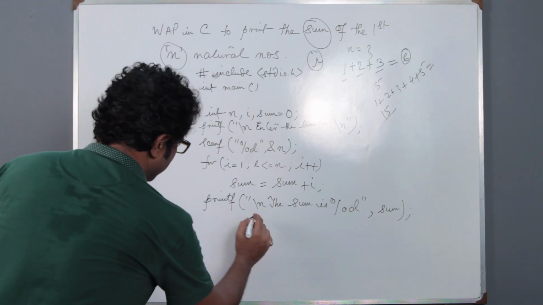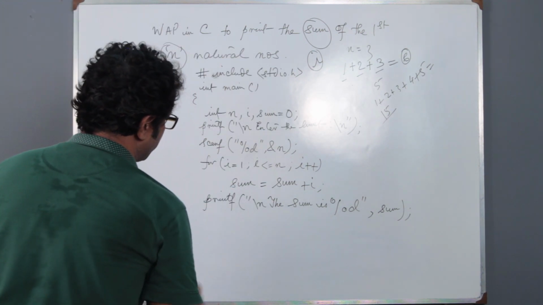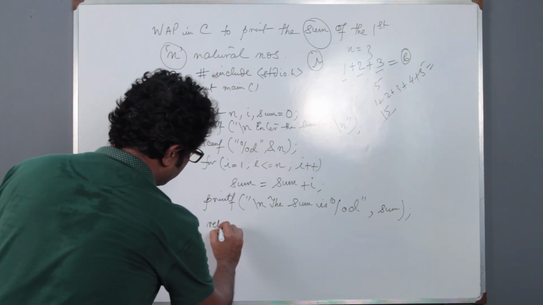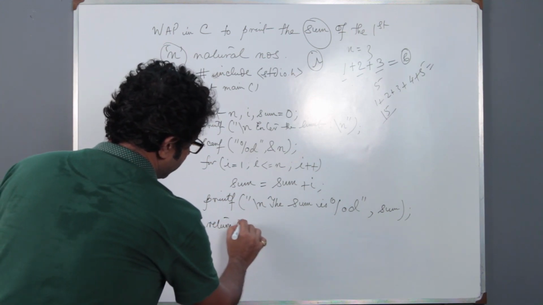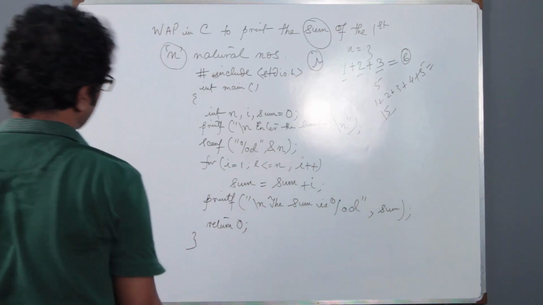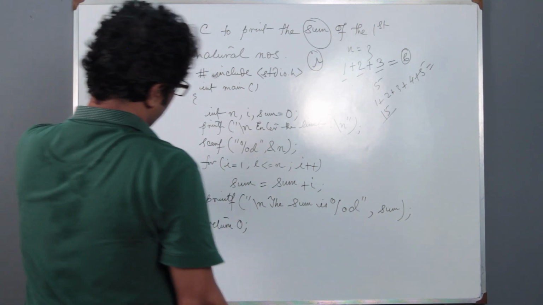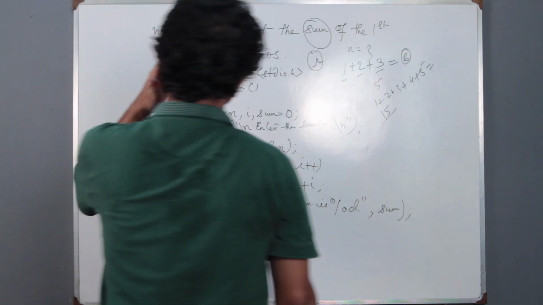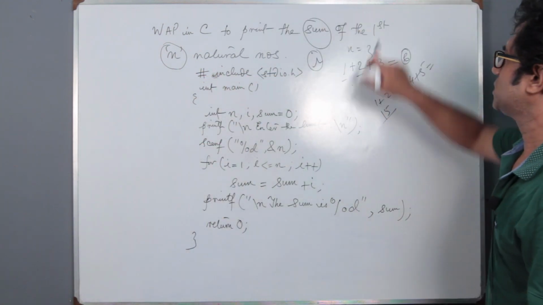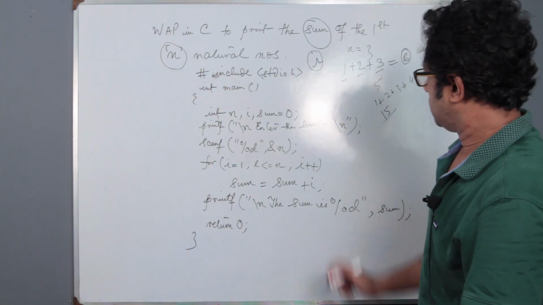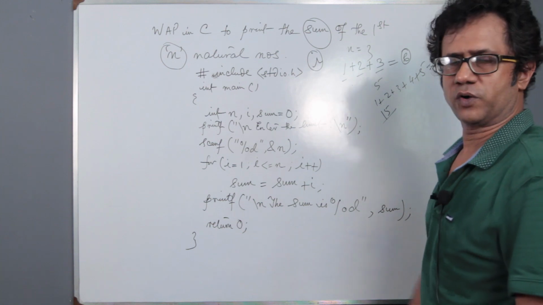So this brings us to the last portion of the program, and the last statement which is to be written is return 0, and we come to the end of this program. So this is the program to find the sum of the first n natural numbers using the for loop construct.